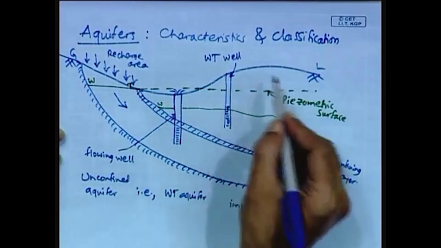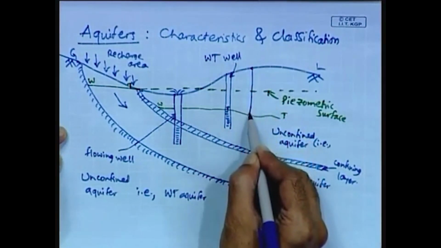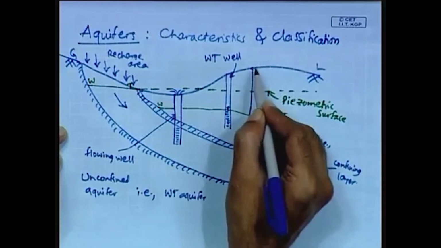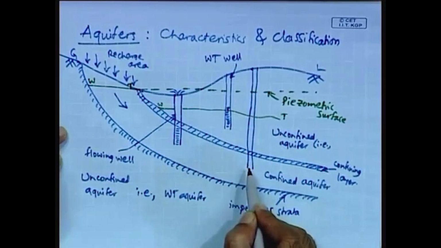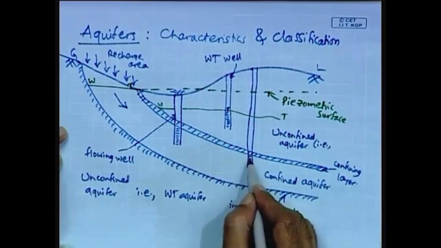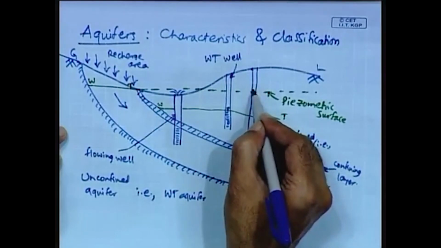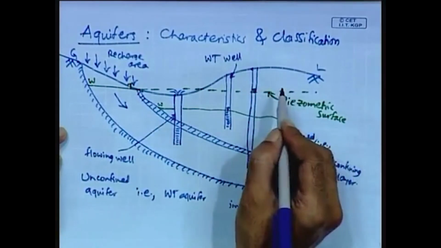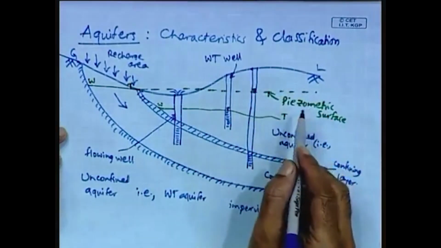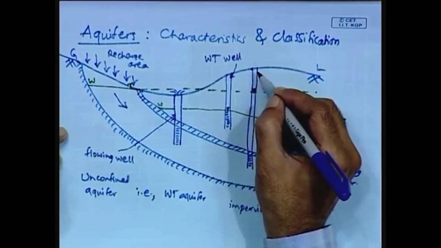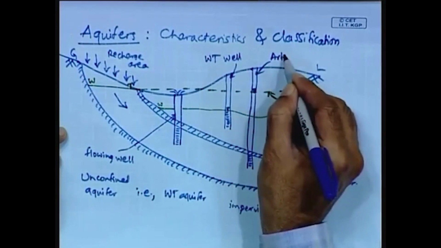And on the other hand, suppose we drill another well which penetrates through the confined as well as unconfined aquifer. So, here the water table corresponds to this one, and the piezometric surface, and this well is known as an artesian well.